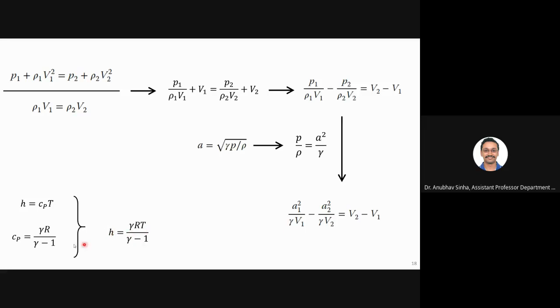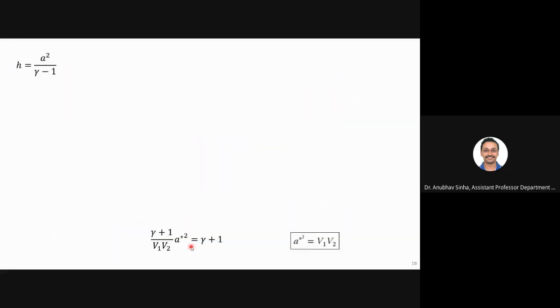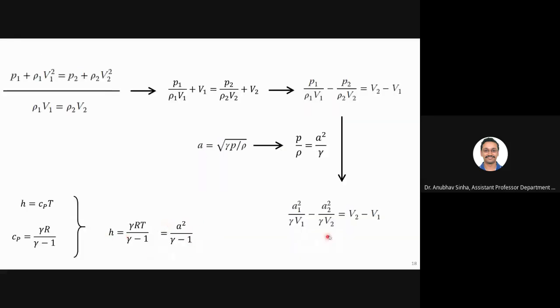So gamma R multiplied by T, that's it, is basically your A square. Root of this is A, so H is A square by gamma minus 1. These are the two relations we have derived in this slide: a relation for A square, and for H.